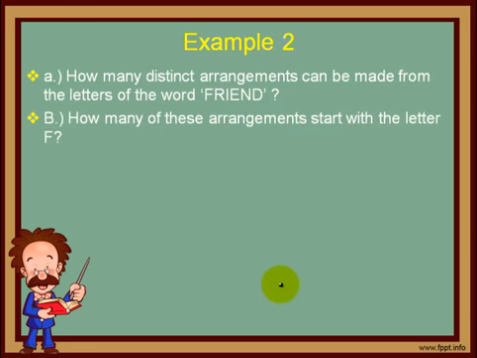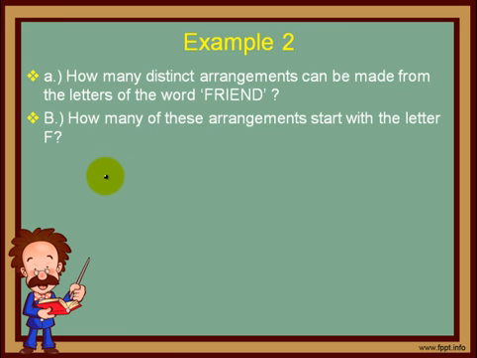Example 2. How many distinct arrangements can be made from the letters of the word FRIEND? Unsa ba nga problem? Permutation ba or combination? So, distinct arrangements can be made from the letters of the word FRIEND. So, arrangement man, F-R-I-E-N-D, so sila tanan i-arrange, so permutation na siya.